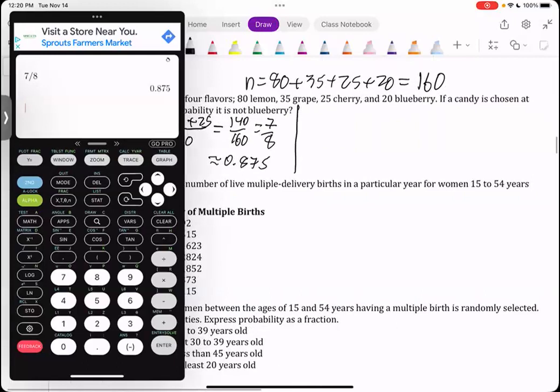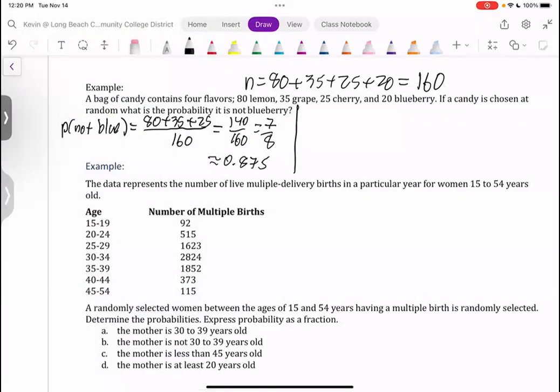They didn't specify that they wanted a fraction or decimal, so we put both. Now, the other way to do this is using the complement. The probability of not blueberry is going to be the complement of the probability of randomly selecting blueberry.